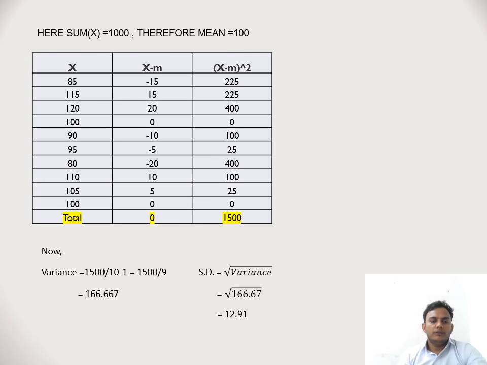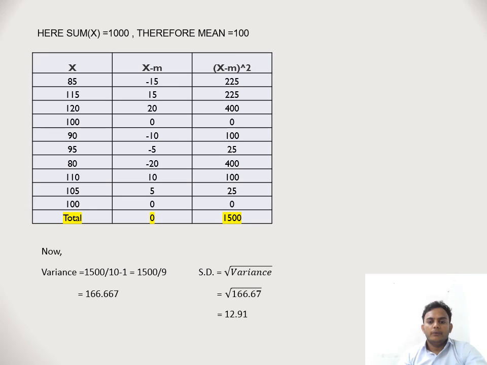In the first column we arrange all observations. In the second column we subtract the arithmetic mean individually from these observations, and in the third column we simply get the squares of these differences.